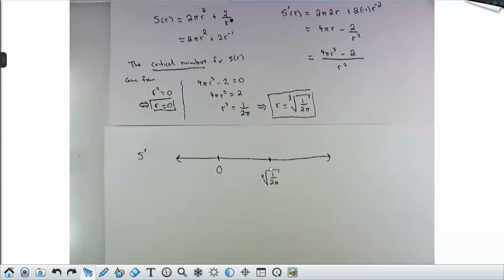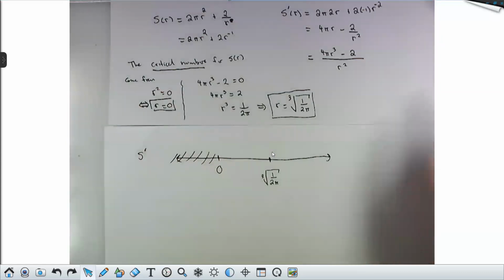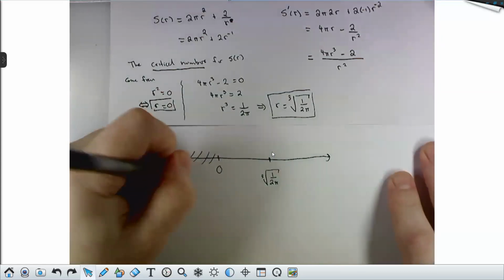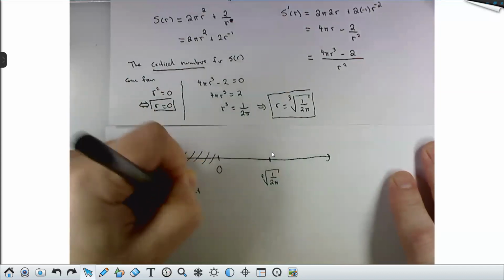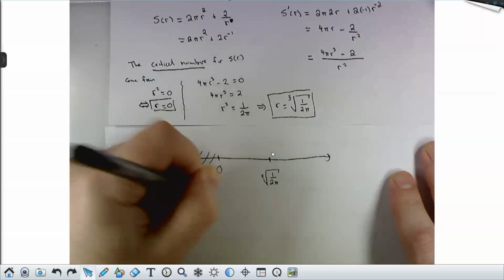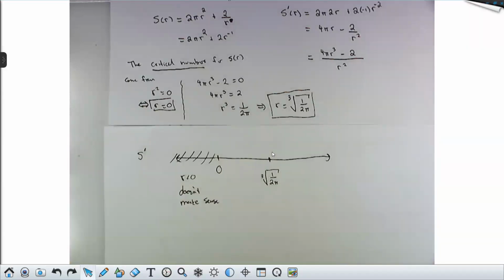All right. In order to sort out what's going on in the middle here, I need to test something between 0 and this. I'm not interested in anything on this side. I really don't care about negative radii. It doesn't make sense to say the radius is smaller than 0. So between here and here, what do we have?